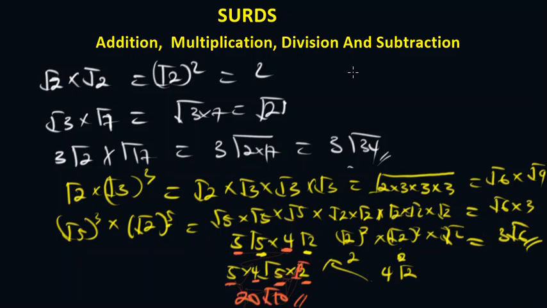So sometimes you can have something like, for example, multiplication: root 2 into bracket root 3 plus root 6. So this will multiply the first term and then the second term. So root 2 times root 3 will give us root 6, and then root 2 times root 6 will be, so plus root 12.